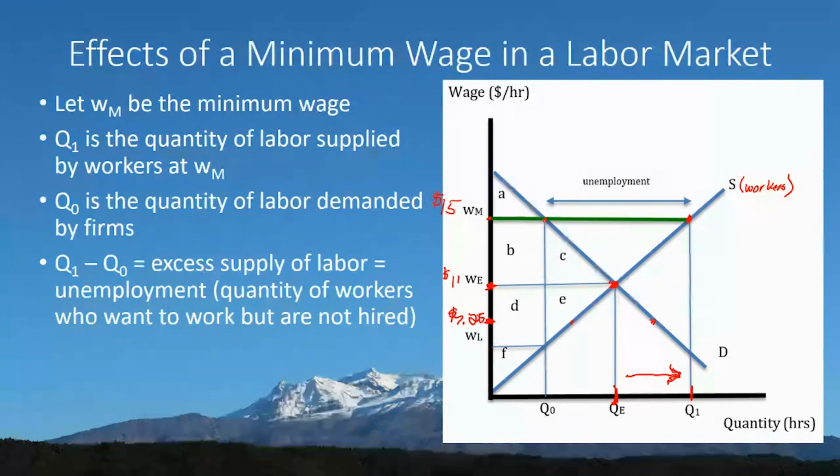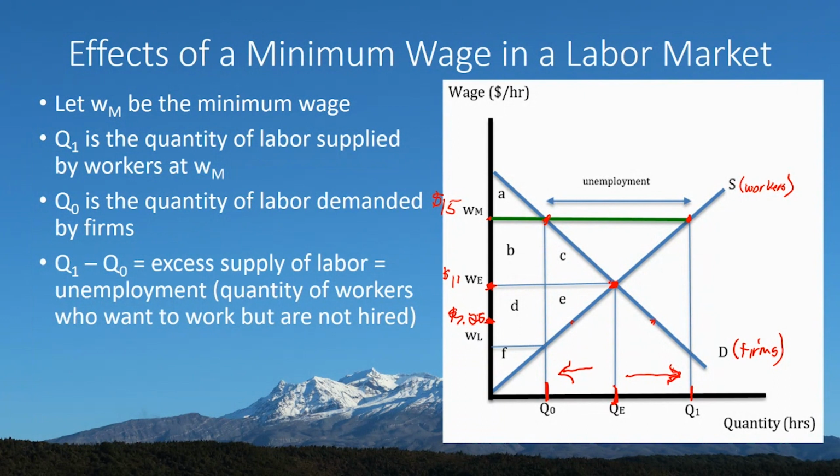Okay, however, the demand is downward sloping, and again, this is the firms now. Because of the higher minimum wage, the quantity demanded by firms is actually going to be reduced to Q sub 0, right? And that means firms are just not going to be willing to hire as many people at a wage of $15 than they might have at a wage of $11 per hour, for example.